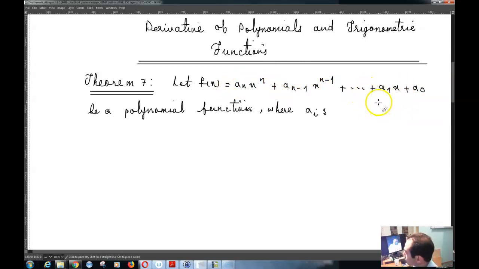Where the a of i's are all real numbers, and a of n is not equal to 0.